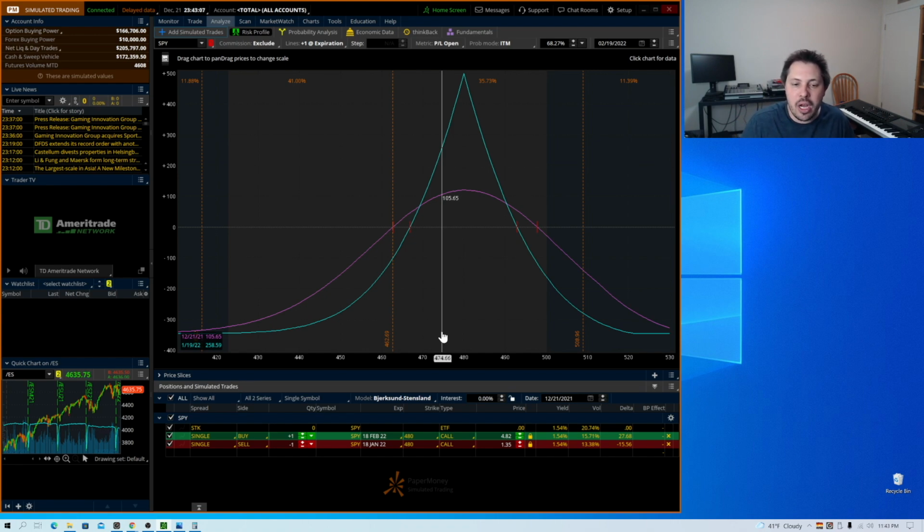Now, what happens if it's above 480 at expiration? Well, on that front option, because we sold a call, we would then be short 100 shares of this SPDR ETF. Now, the reason why this is important is because even if you are assigned on this short call in the short term, you still own that back call, right?